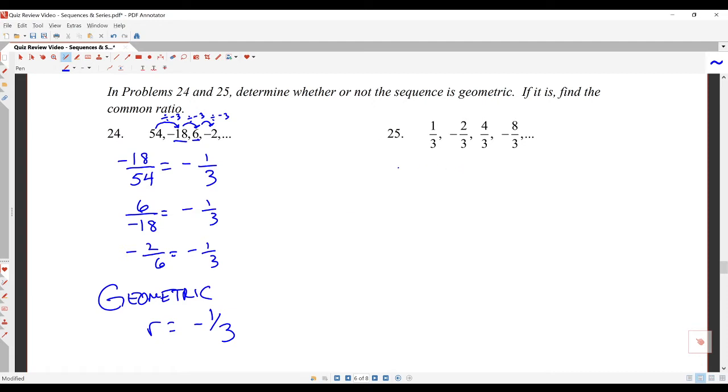So over here, that's a little tricky because how do you do negative 2/3 over 1/3? Well, top times the reciprocal of the bottom. Simplifies and we get negative 2. So I'm going to skip this first step. I'm just going to take 4/3 and divide it by the term before by multiplying by its reciprocal.